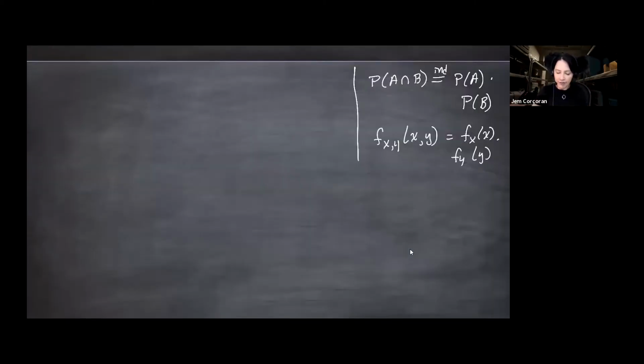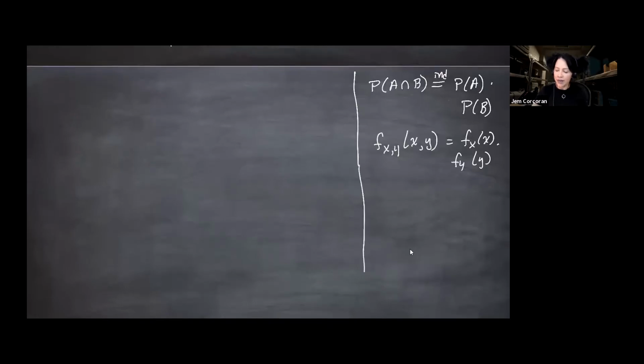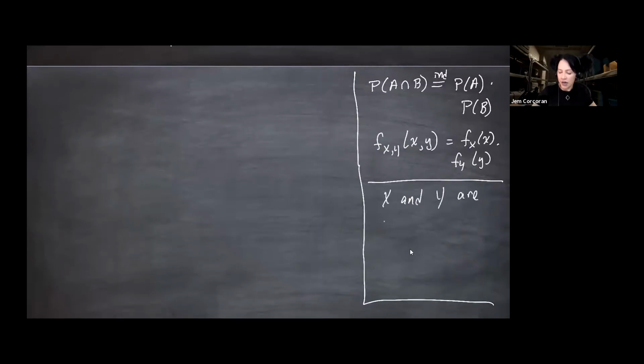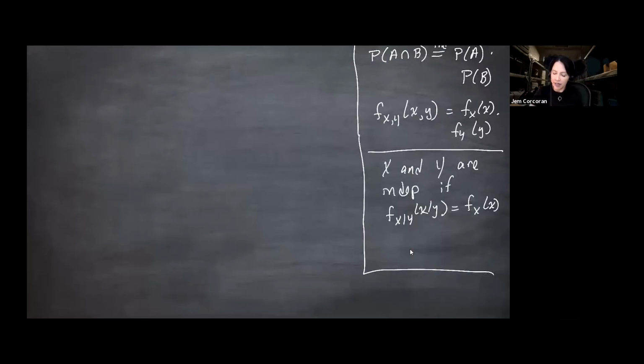The way I usually define independence is, with sets or random variables, I say X and Y are independent if the conditional PDF for X given Y is just the PDF for X. This is totally equivalent because on this side, we've got the joint PDF over the marginal, so it's equivalent to saying the joint PDF is the product of these.